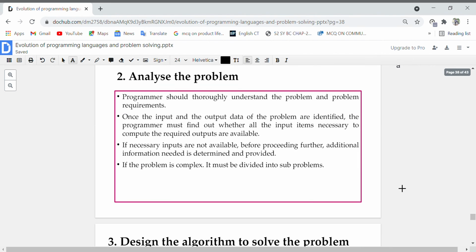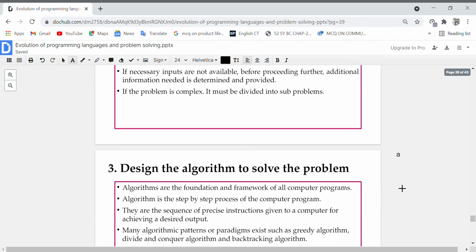Then analyzing the problem, the programmer should understand the problem and problem requirements. Once input and output are identified, the programmer must think of the input items that are necessary. If those items are not available, then additional information is determined. If the problem is complex, it needs to be divided into sub problems.